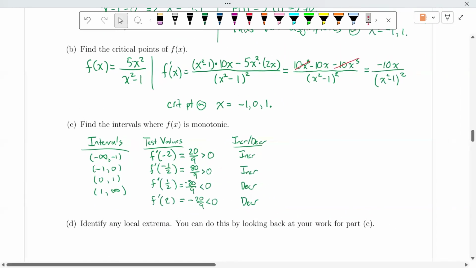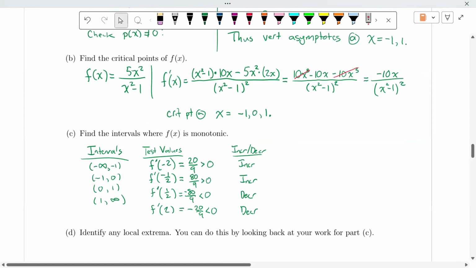All right, now we got to figure out where there are any local extrema. First of all, we have 3 critical points. Can there be a local max or local min at -1?